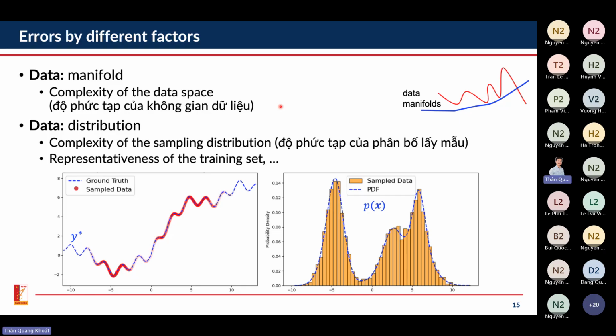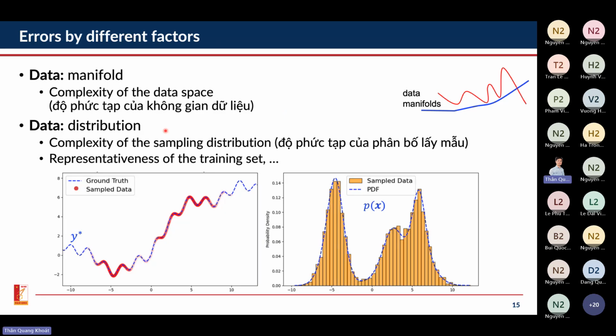And of course, in practice, the data space can be very complex. It can be a manifold, or it can be a low-dimensional subspace. Even though our data is represented by a high-dimensional number of features, for example, in fact, it can lie on a very low-dimensional space. It is hidden in nature. So in those cases, the problem can be complex, right?